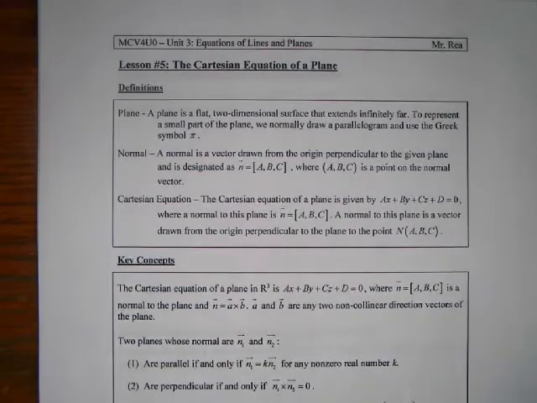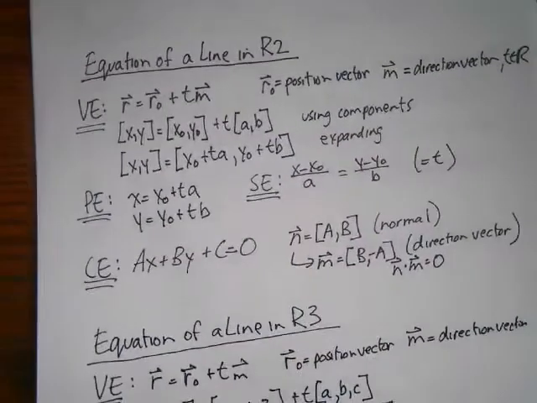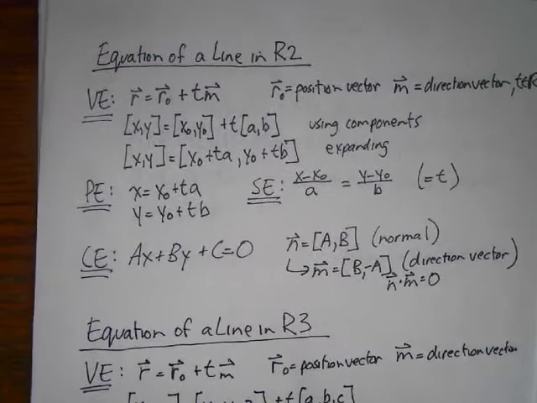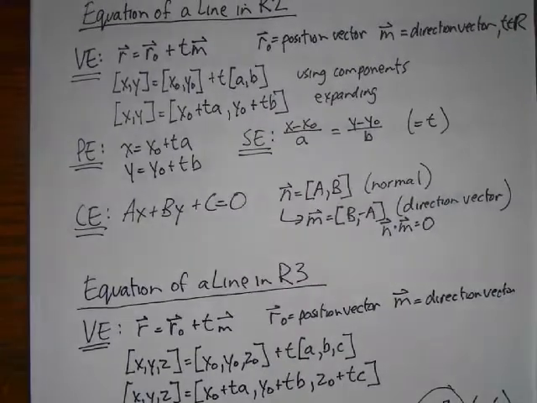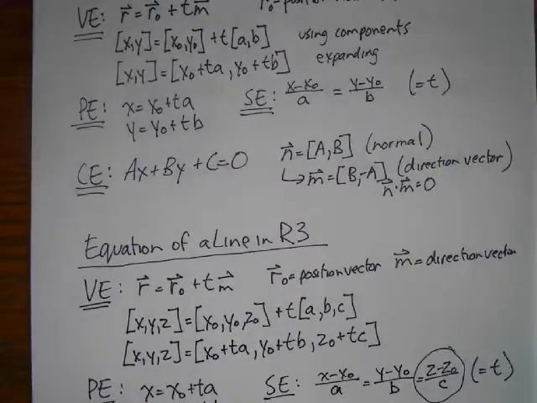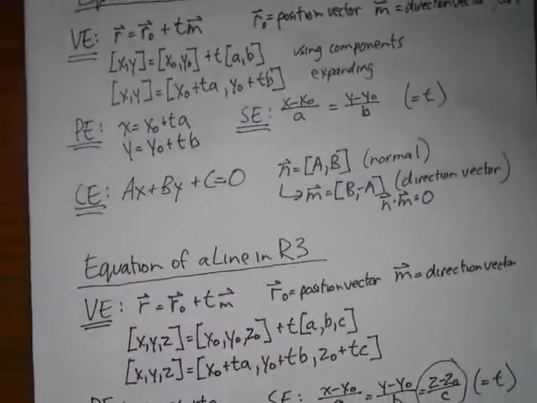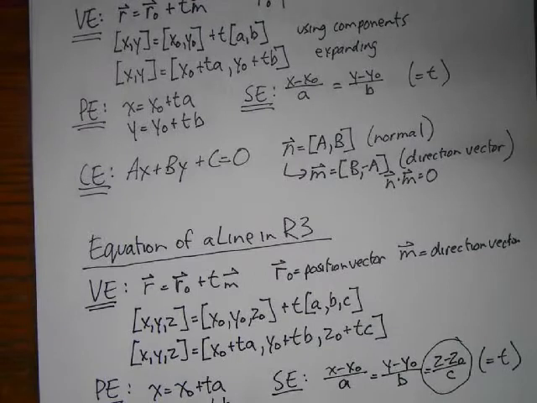Before we get started, I just wanted to go back to the note that I made at the beginning of last lesson to summarize what we've done with the equation of lines so far. I realized I made a little mistake here, so I have to correct that.